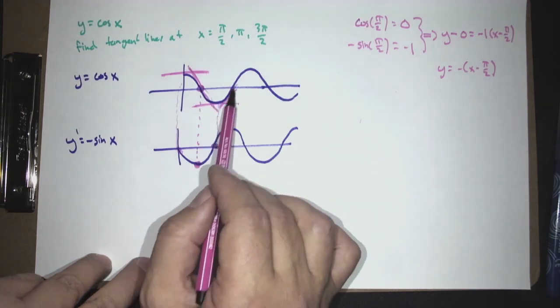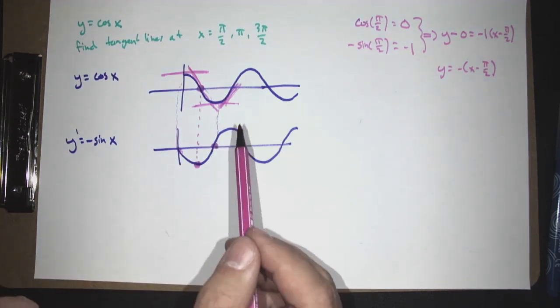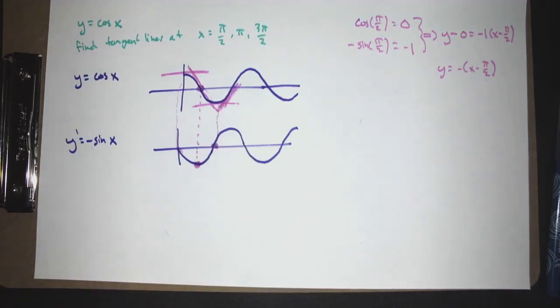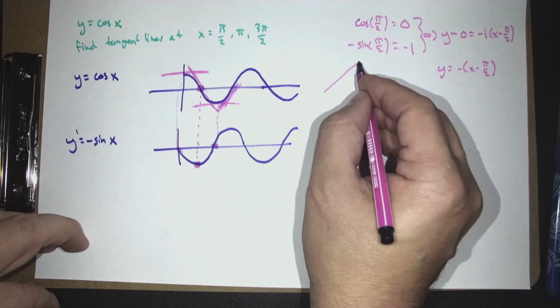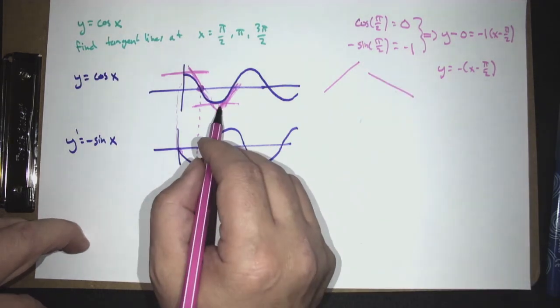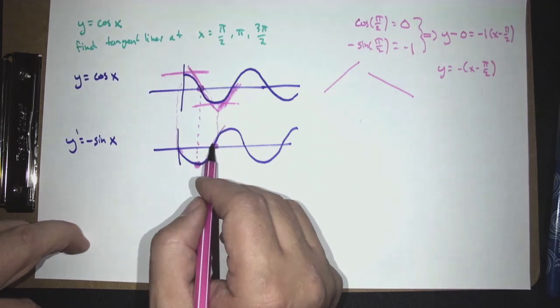Now, notice here, what's true about the slope? It's positive. You know how to tell if a slope is positive or negative? Positive slope, you're walking uphill. Negative slope, you're rolling downhill. So notice that where you have positive slope, you have positive derivative.